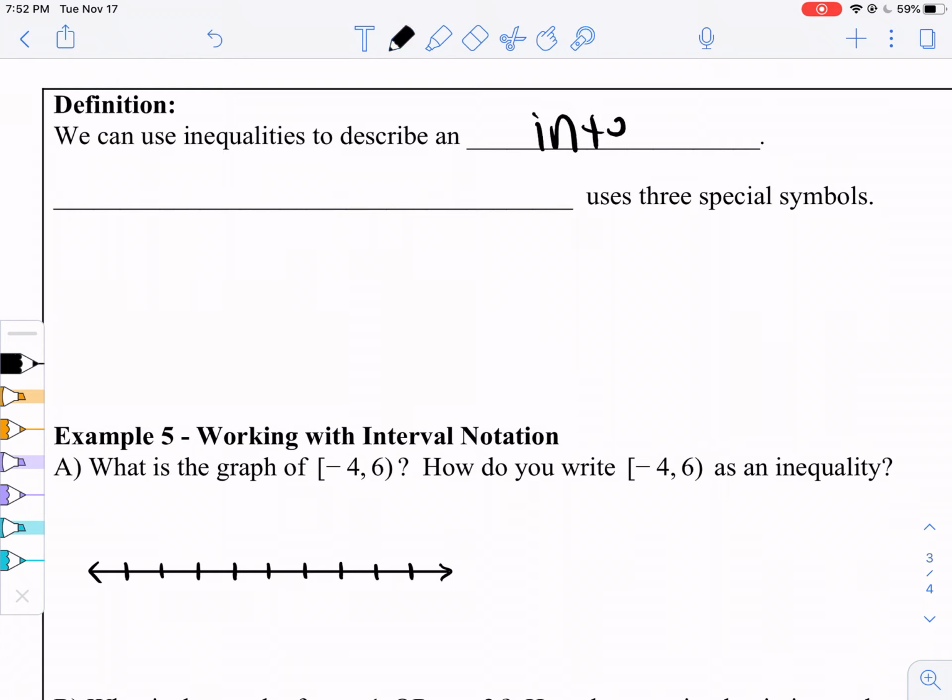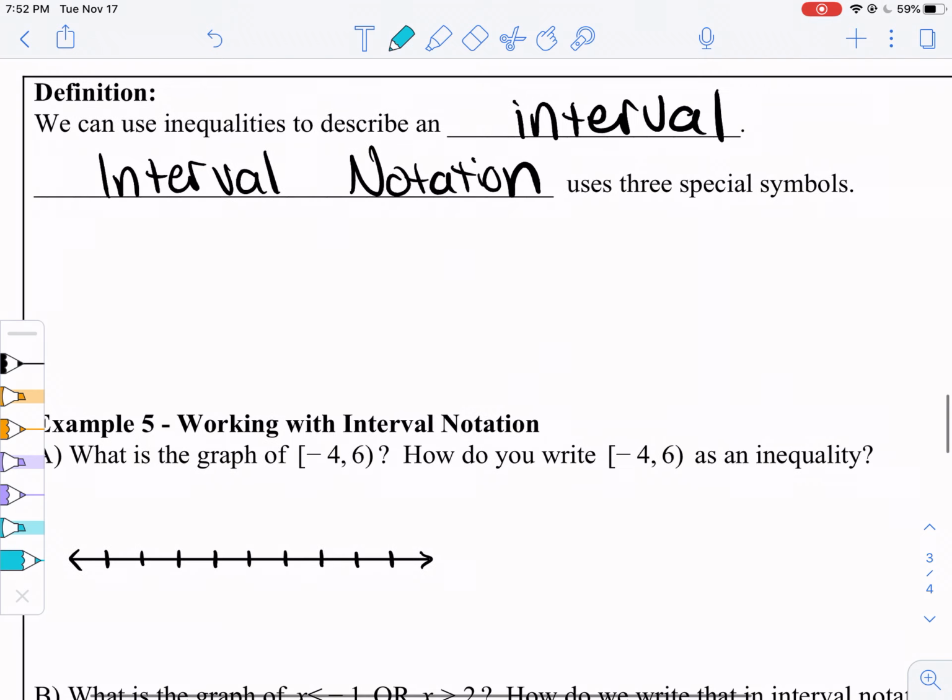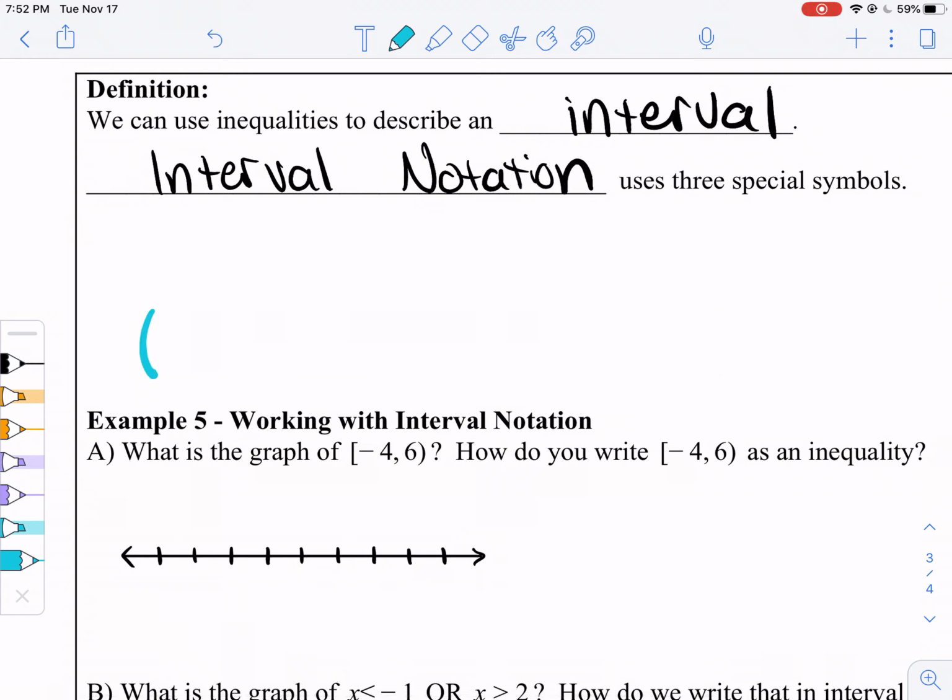However, there's another way. You can use what's called interval notation. Interval notation requires 3 symbols. The first symbol is parentheses.